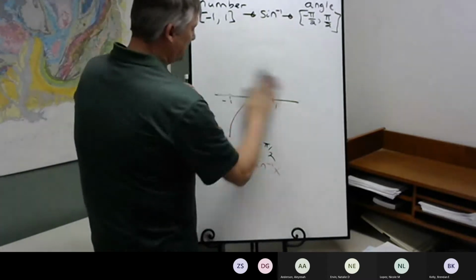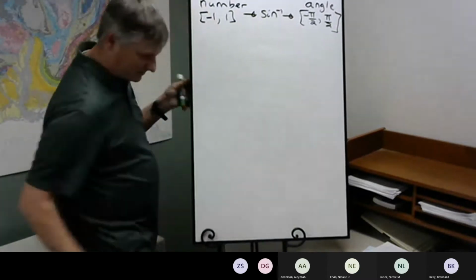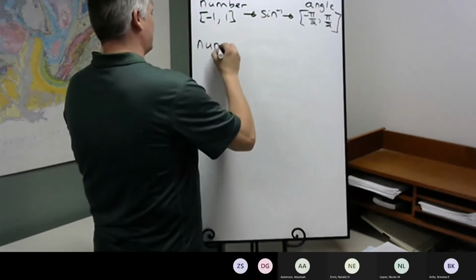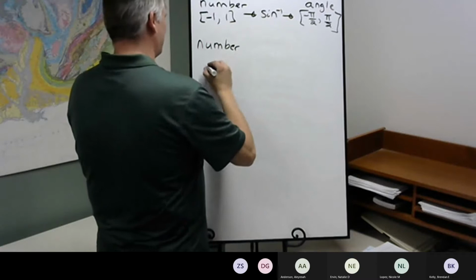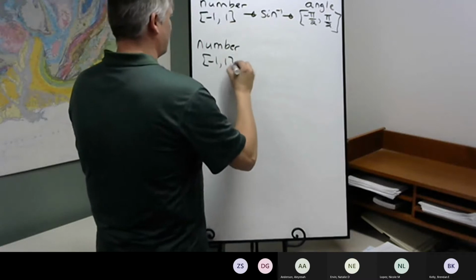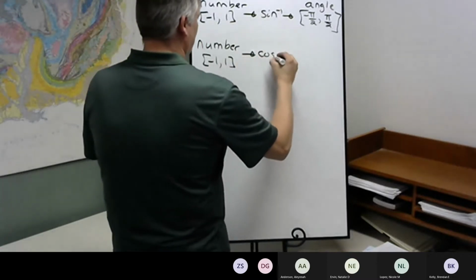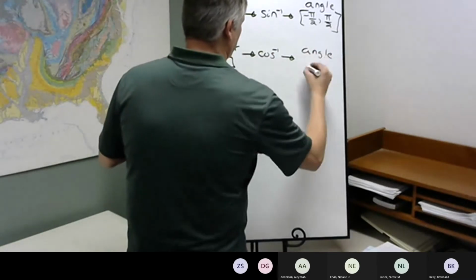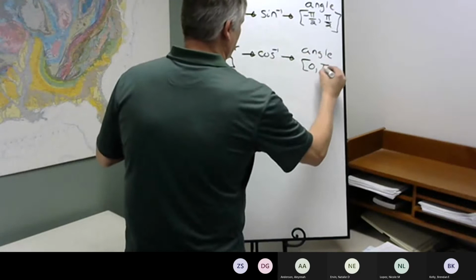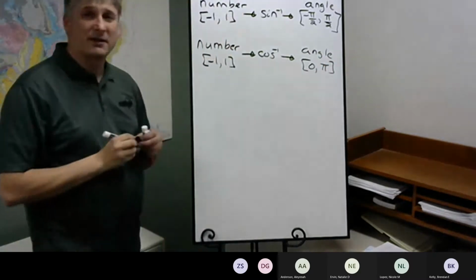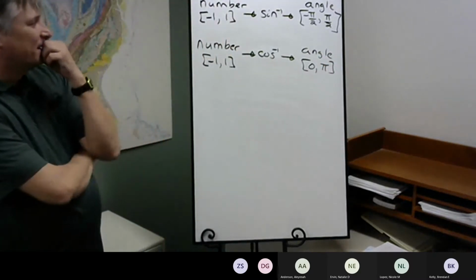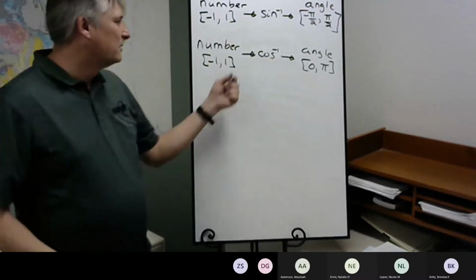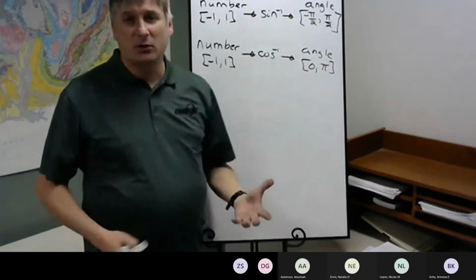So for cosine, it's going to work like that. Again, you pick a number from -1 to 1, including -1 or 1, put it in the cosine inverse, and it'll give you an angle between 0 and pi.